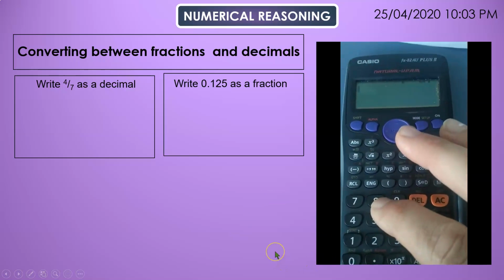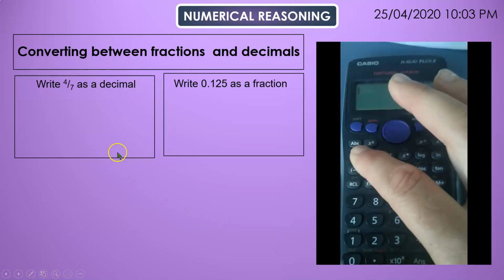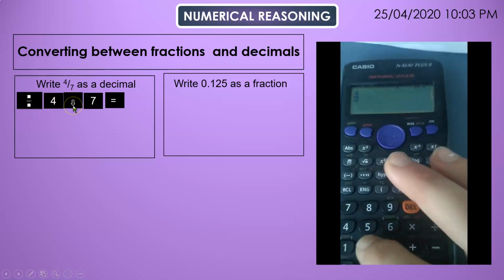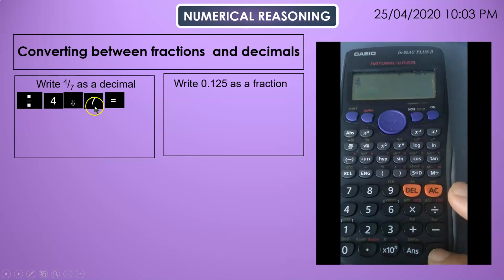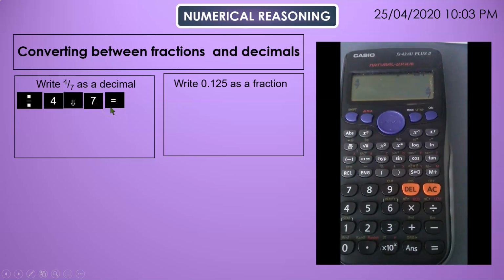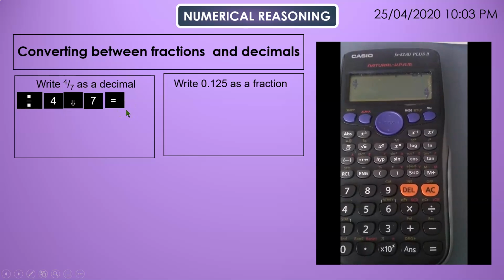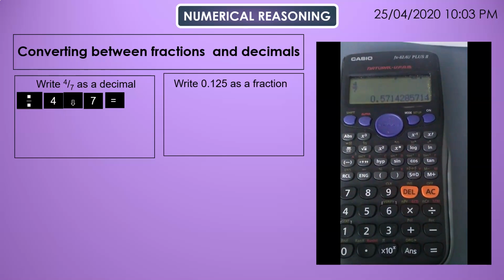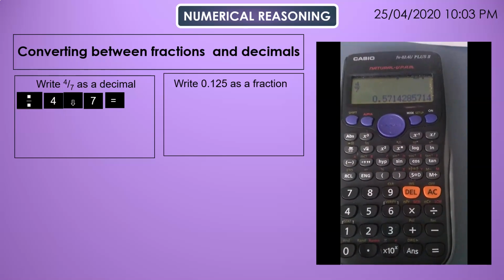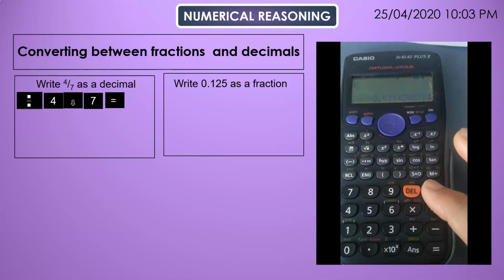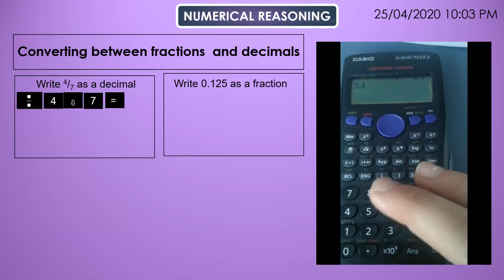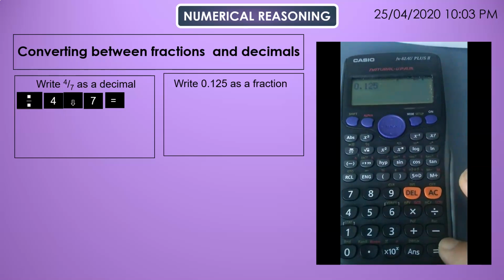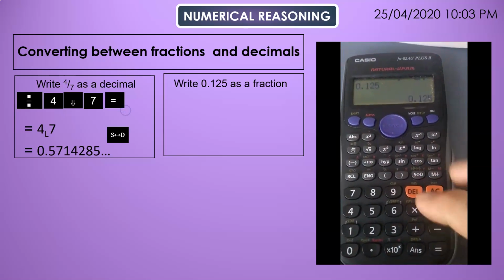First thing is fraction to decimal. We use the double box, 4 for the numerator, down, 7 for the denominator, press equals, and it stays as a fraction.